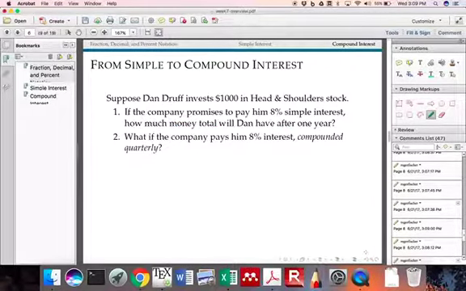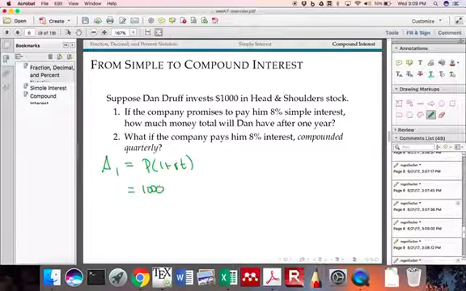Okay. What if the company pays him 8% interest compounded quarterly? So this is a little different, right? So let's look at this and see what happens. What quarterly means is that they would give you a quarter of 8% 4 times a year. So let's go: amount 1 equals P times (1 plus RT). I'm going to use this factored version because it's a little cleaner.